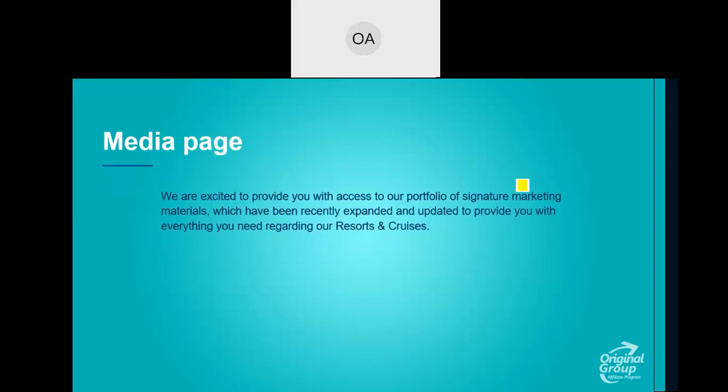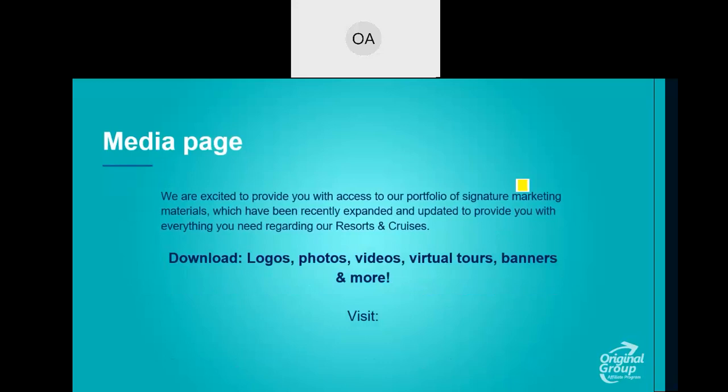On here, you'll find a lot of digital content, whether it's images, logos, videos, etc., that will transmit what the Desire or Temptation experience is. And we have everything segmented, whether it's for resorts or cruises. So you want to visit media.original-group.com and pull up all of the cool videos that we have.